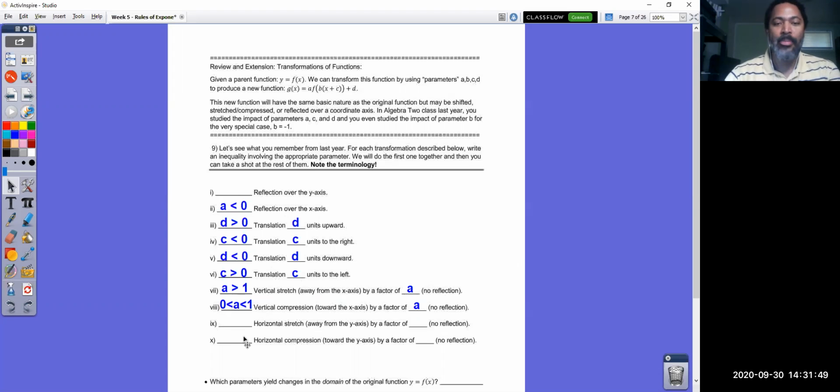It's actually the opposite for B. When B is big, it actually makes the graph compress, which is a little against our intuition. It's almost like if your little brother, let's pretend you had a little brother, is running a race.